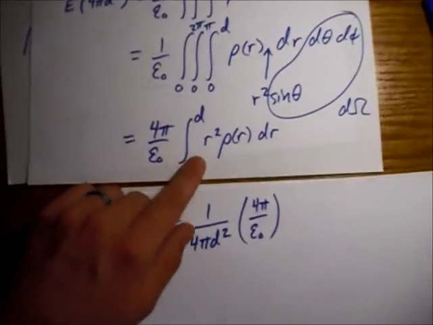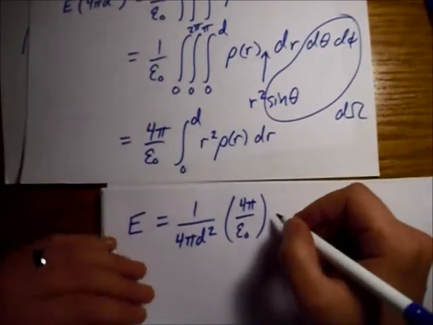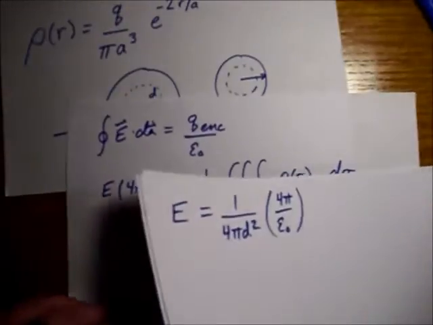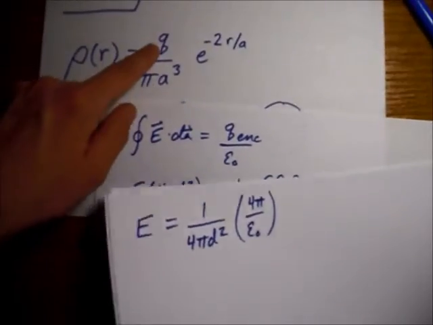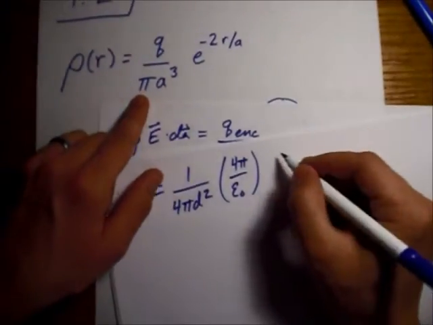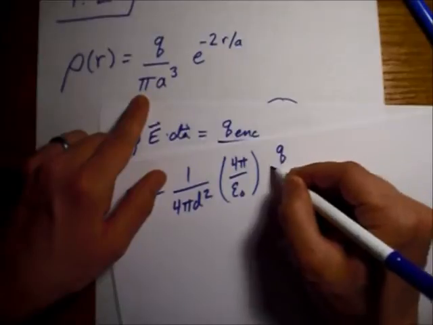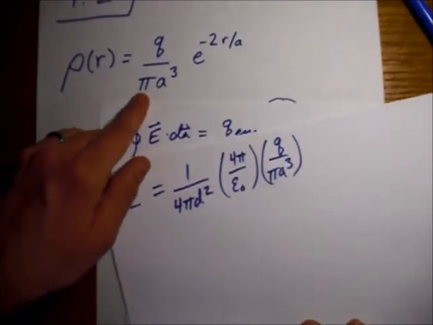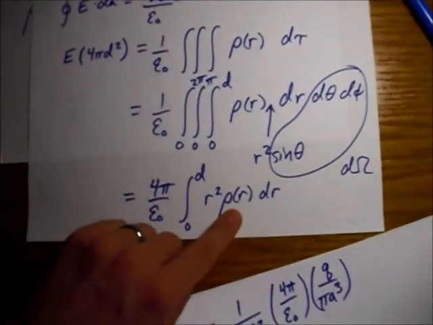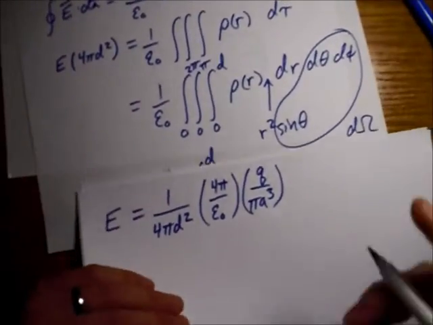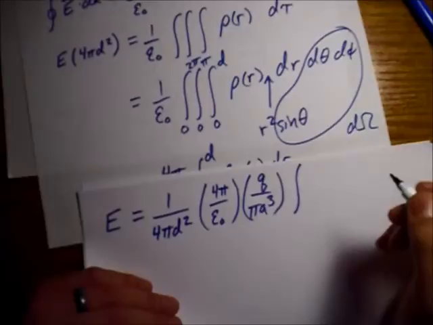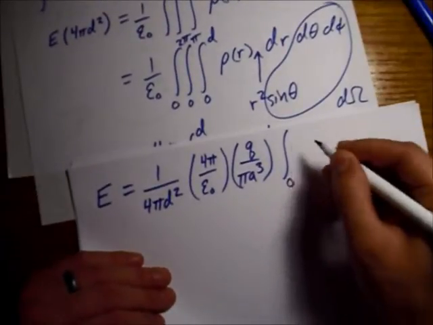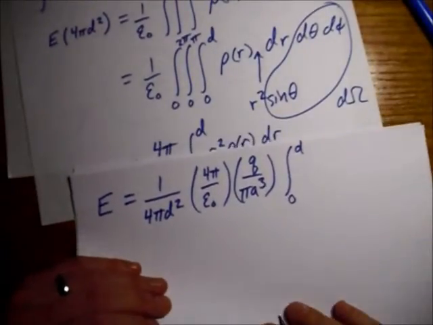Now we have our integral here, but we know there's going to be some constants mixed in, this q over pi a cubed, so let's bring those out front too. These are just the constants that are inside of this rho. Now let's write our integral from 0 to d.